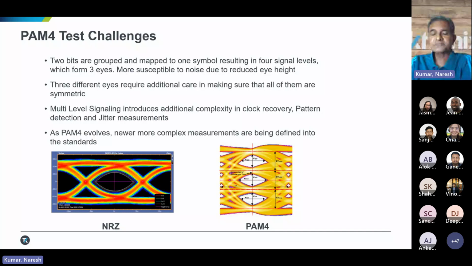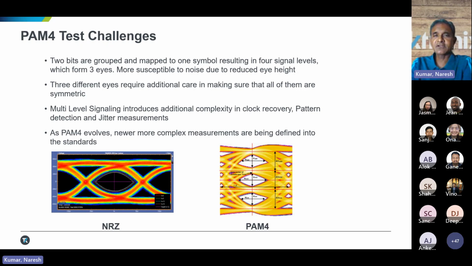And of course, the clock recovery, right? In all these high-speed standards, clock recovery is important, and all the measurements are dependent on a good clock recovery. I think we will see more complex measurements as we go ahead with this PAM4 adaptation.